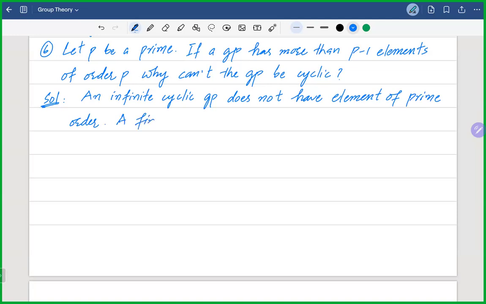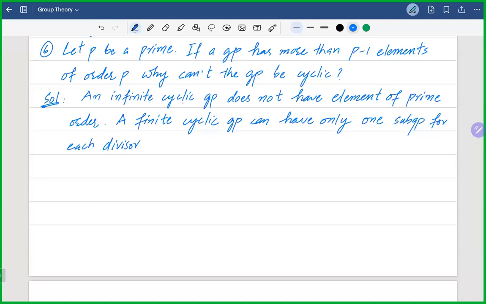A finite cyclic group can have only one subgroup for each divisor of its order.